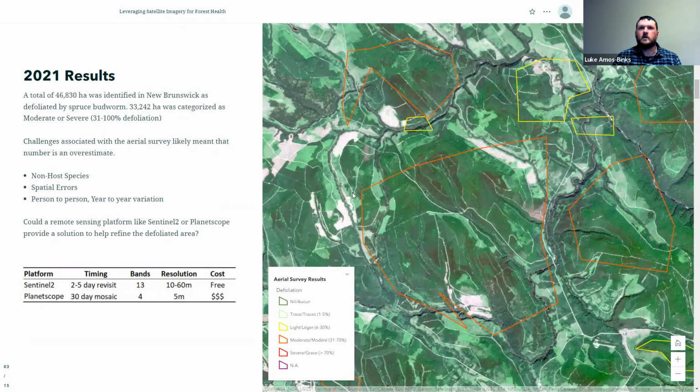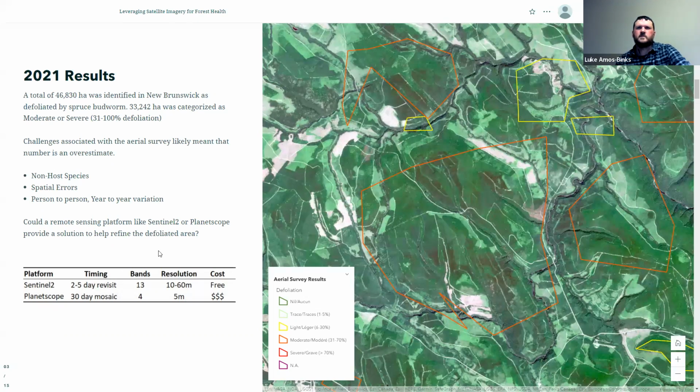This is a polygon that was sketched from the air, and you can see over in this corner there's a bunch of probably non-host species, young forest that's been brought into this polygon, and some more down here. You can see the red that they're identifying, but just because of the difficulty in doing these aerial surveys, we thought that number was probably an overestimate.